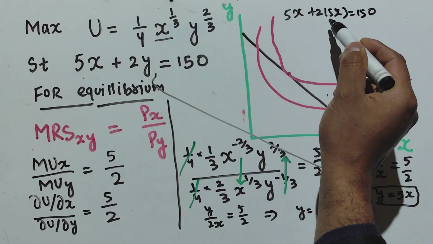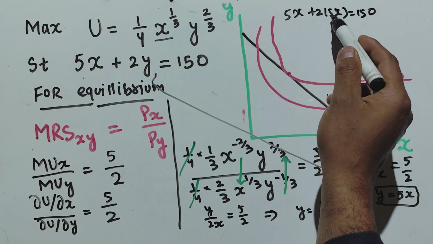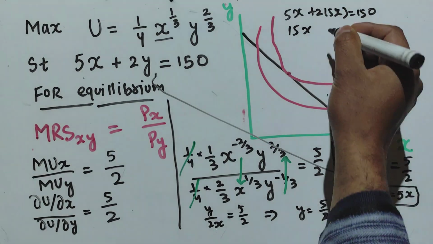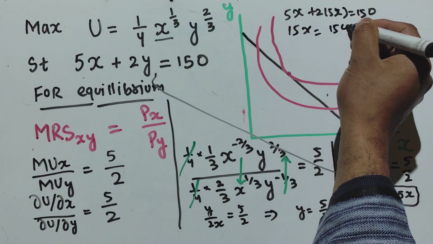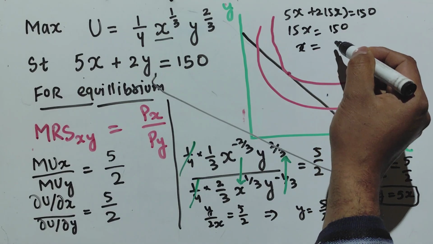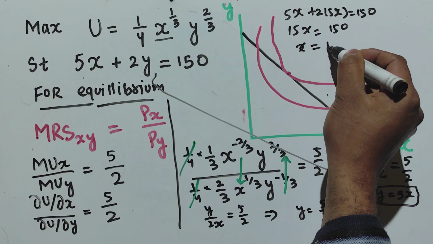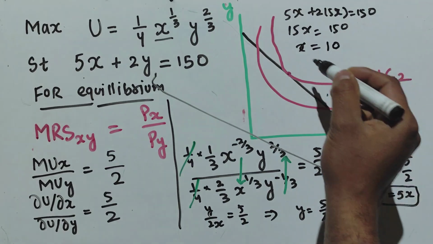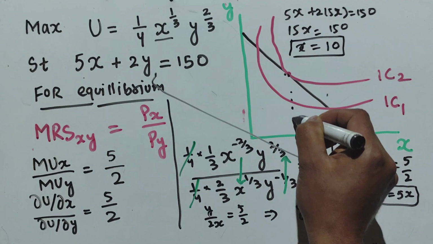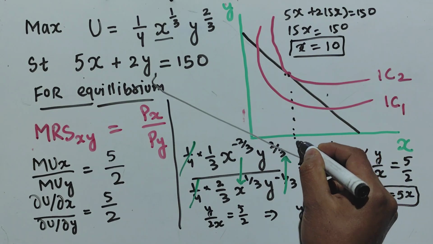Solving, 5 2s are 10, 10x plus 5x is 15x, 15x equals 150. Dividing both sides by 15, we get x equals, 15 1s are 15, 15 zeros are 0, so we will get 10 units of good X as the optimal consumption. That's x equals 10.